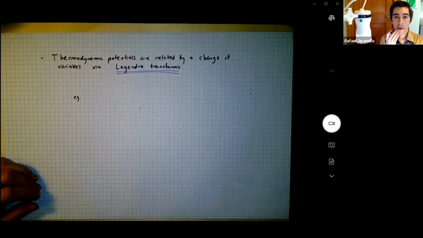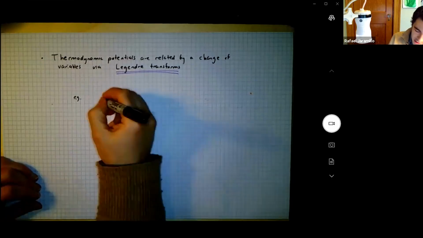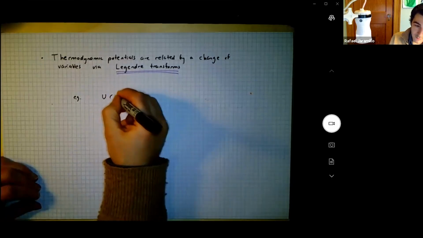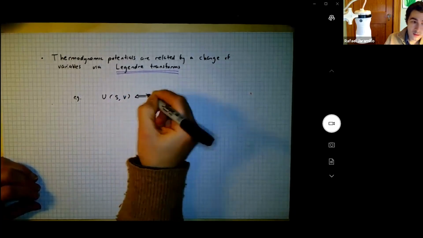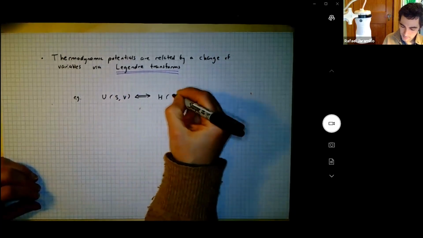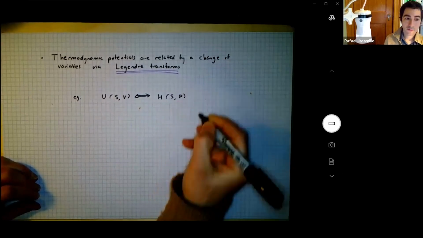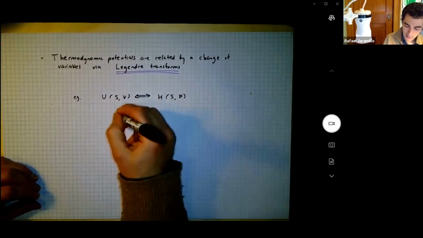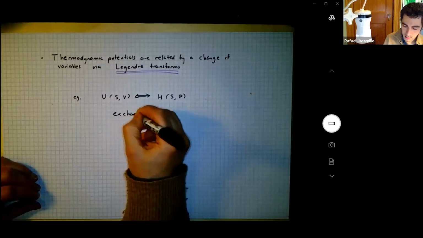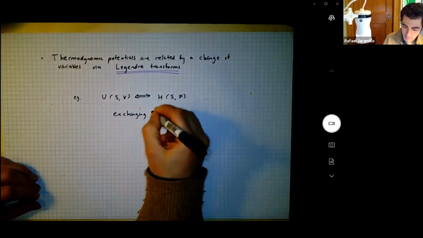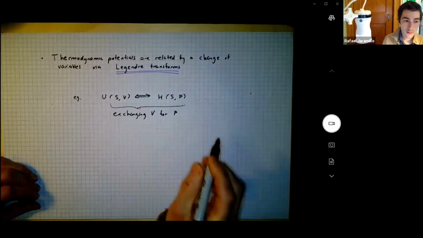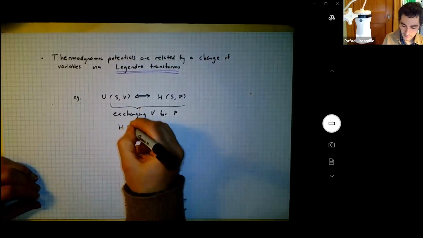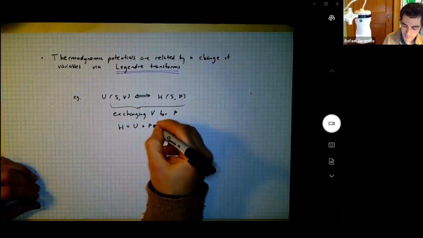A Legendre transform will change natural variables, for example, from U as a function of S and V to H as a function of S and P, exchanging V for P. And if you'll remember, H equals U plus PV.